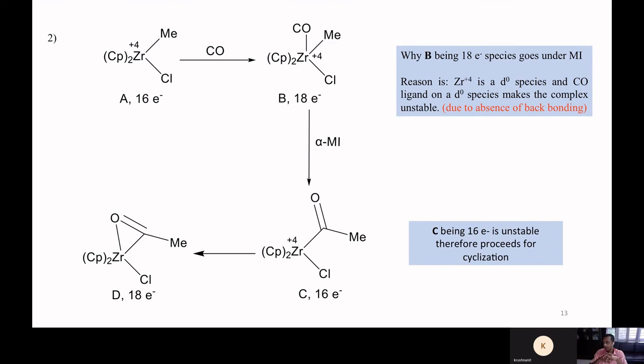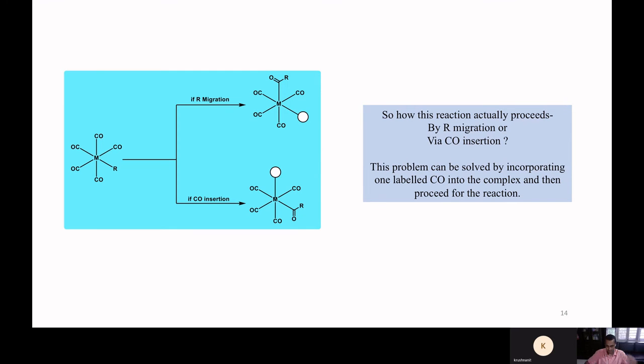Okay, I will discuss one more thing before we close today. That is a little bit exciting, at least I am excited about it. And that is a simple question: we want to understand whether, in the migratory insertion, let's say alpha migratory insertion, the R group migrates or CO inserts.